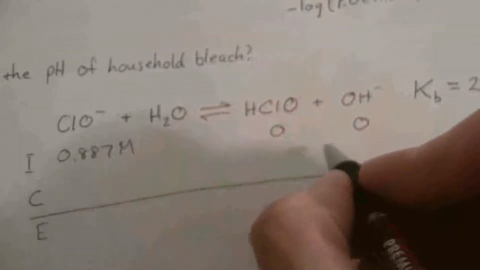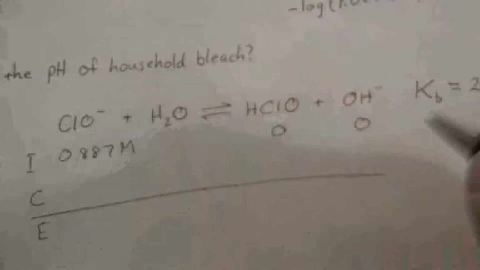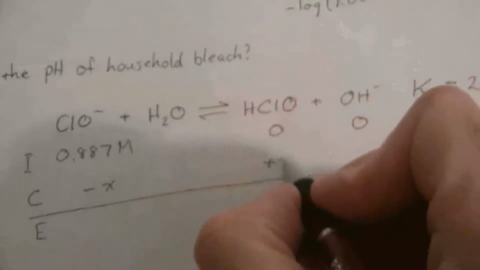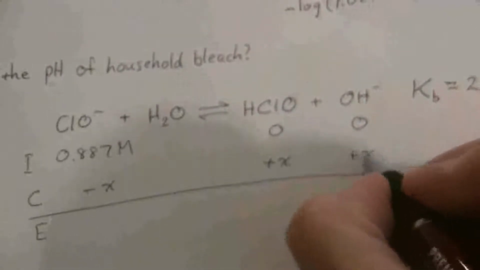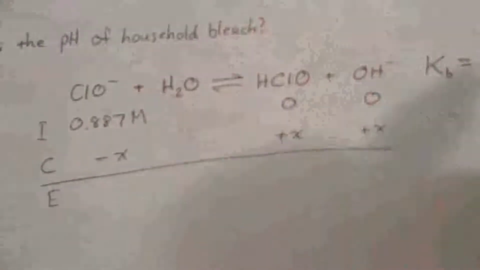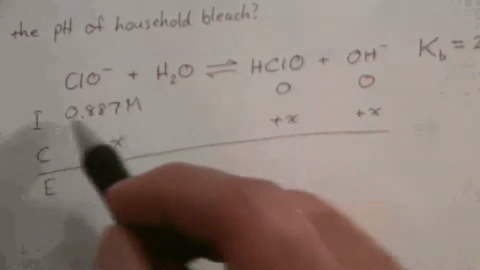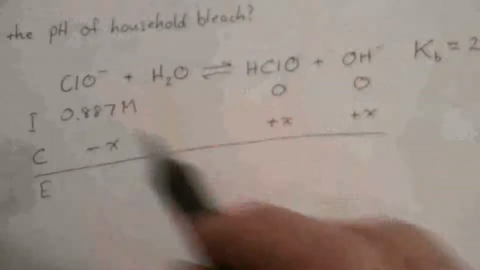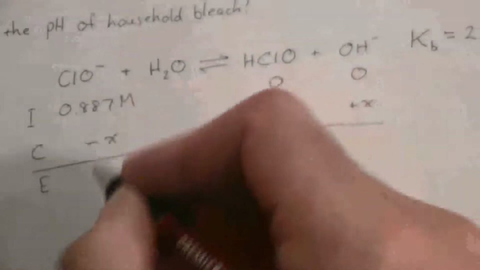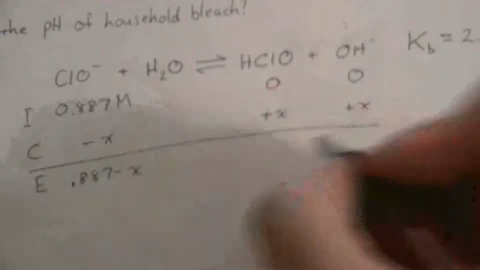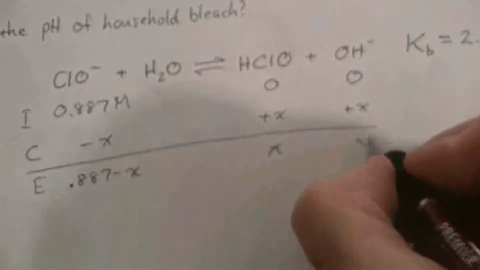For our change, we can't lose anything from 0, so we must be losing from this side and gaining on the 0 side. That's the shift of Le Chatelier's principle: you add some to the reactants, it's going to shift to the products to compensate. So 0.887 minus x, and then x, and x.